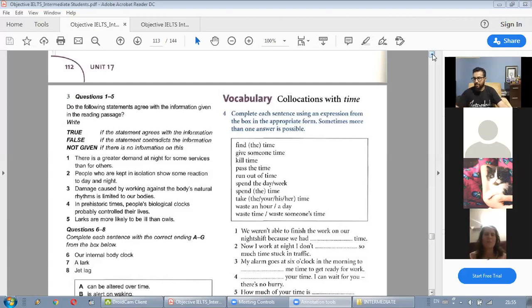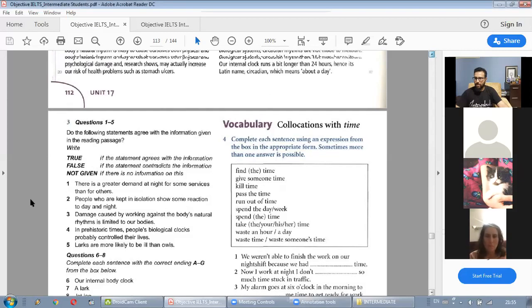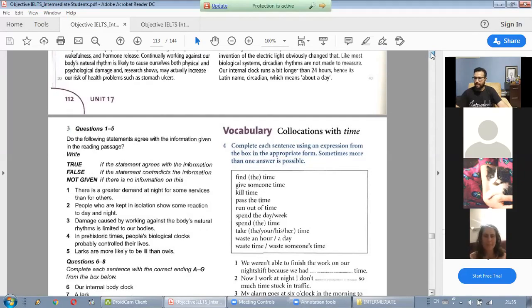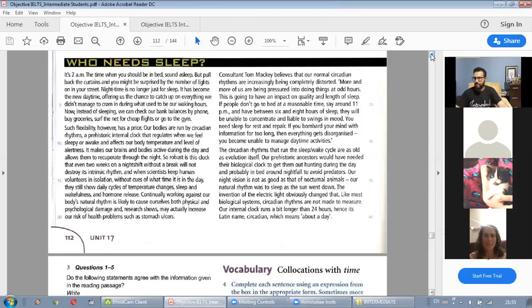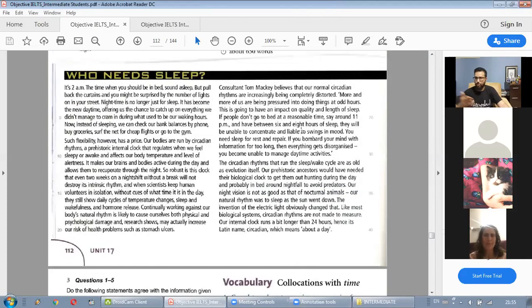But maybe for you it might work. So what we do instead is start with the questions, and then find if they are true, false, or not given from the text. Luckily for us, this time the text is all in one place.